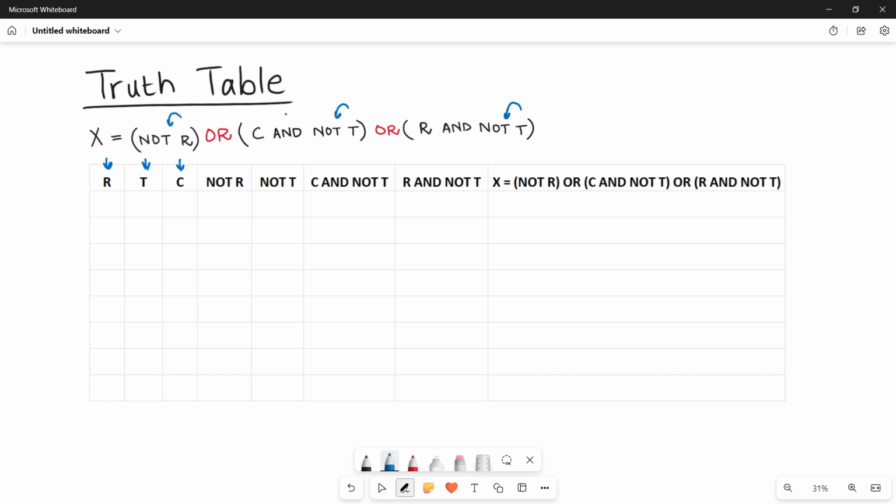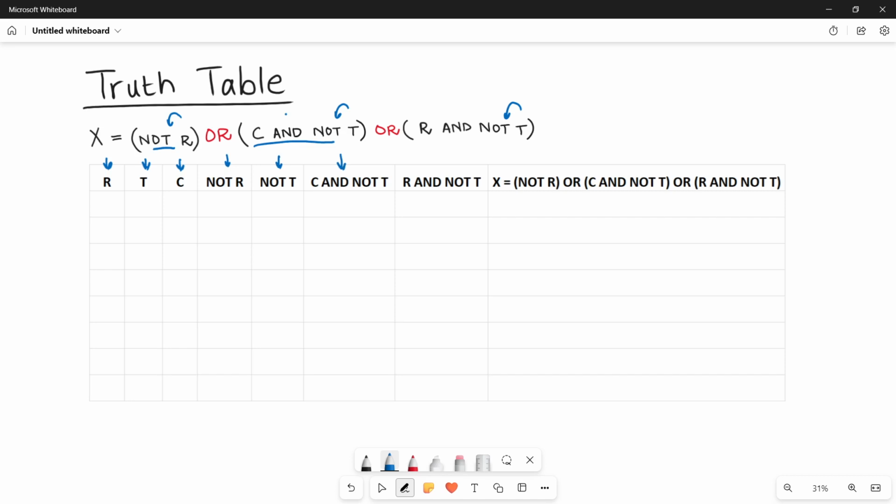Once you are done with this, you will see your inner brackets and you will find out the values of those. The first inner bracket was not R, that was already covered in the truth table, so I haven't made another column for it. Then not T, and the second bracket was C and not T, which is over here.